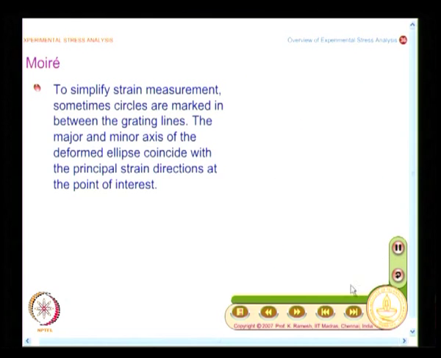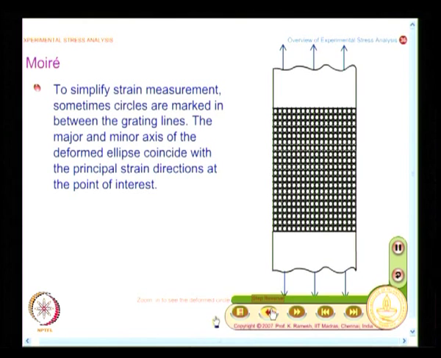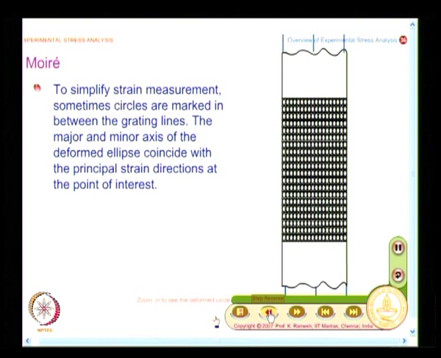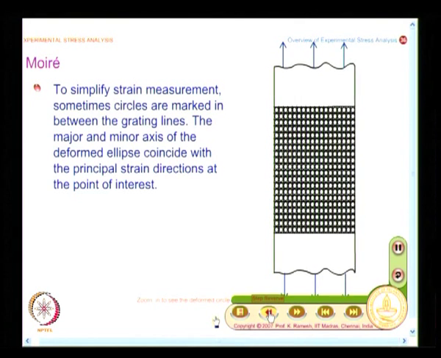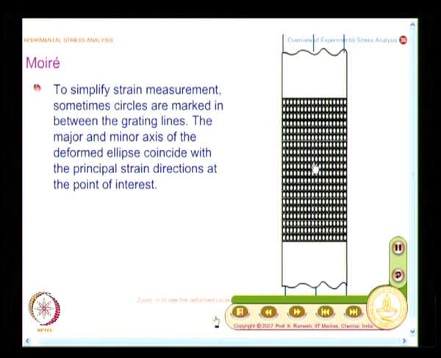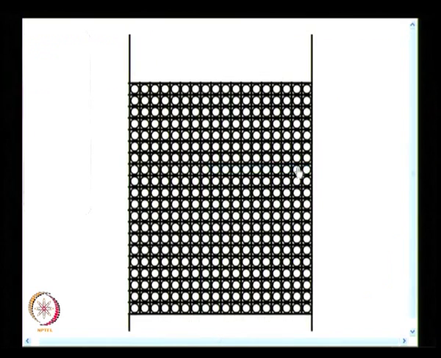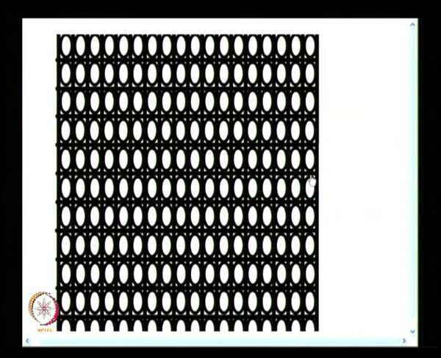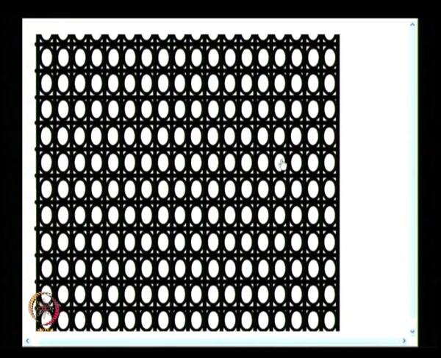Now, to simplify strain measurement, what you can do is you can have not only the grid, in the grid you also put a circle. I will show a magnified view and then you see the animation two or three times, you will have an appreciation. I have circles marked and they become ellipses.